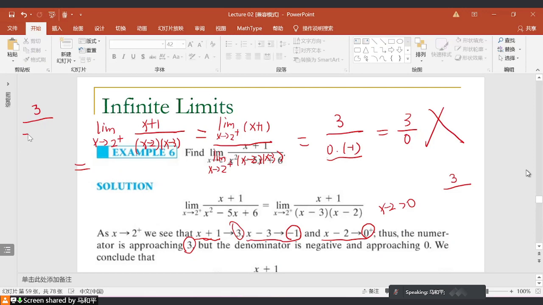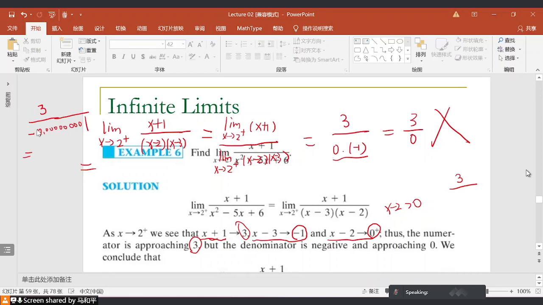For example, if we use 3 over this number, this number, yes, the result is infinity, positive or negative? Positive or negative? This one is positive or negative?